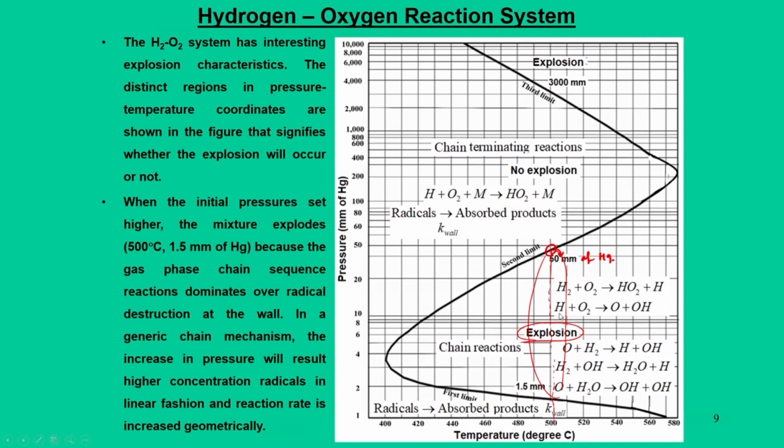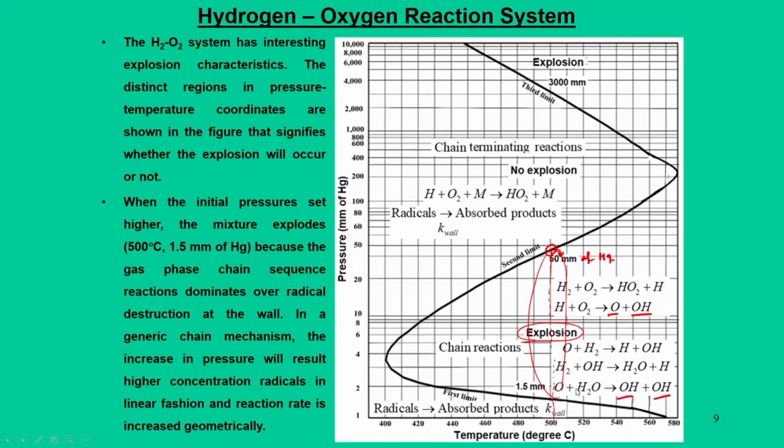It is mainly because of the formation of O atom, OH atom, and this chain keeps on propagating. When they keep on propagating, the walls of the spherical vessel are not sufficient to withstand or stop their propagation, and these reactions dominate over the wall reactions.